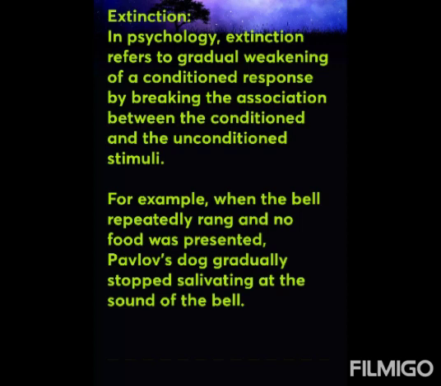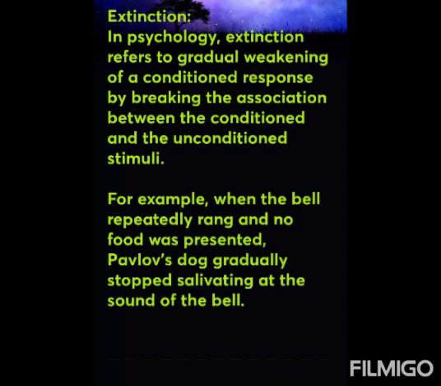In psychology, extinction refers to the gradual weakening of a conditioned response by breaking the association between the conditioned and the unconditioned stimuli. What is extinction? There is a break in the association between the conditioned and the unconditioned stimulus. The example is when the bell repeatedly rang but no food was presented.